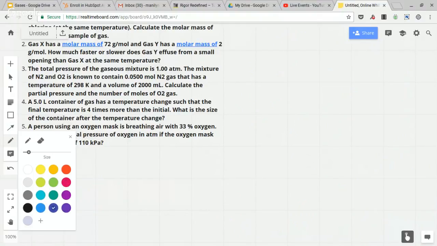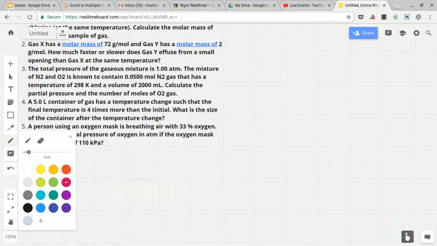Okay, let's read this. Gas X has a molar mass of 72 grams per mole, and gas Y has a molar mass of 2 grams per mole. How much faster or slower does gas Y effuse from a small opening than gas X at the same temperature?